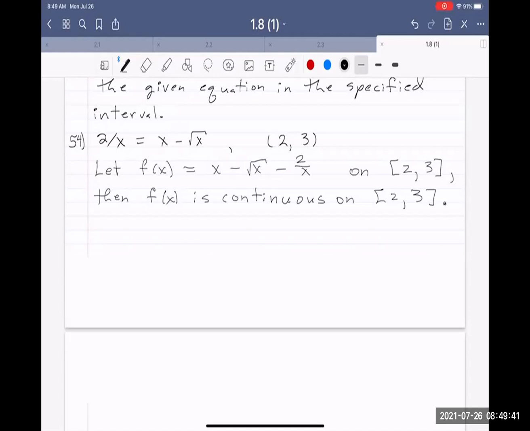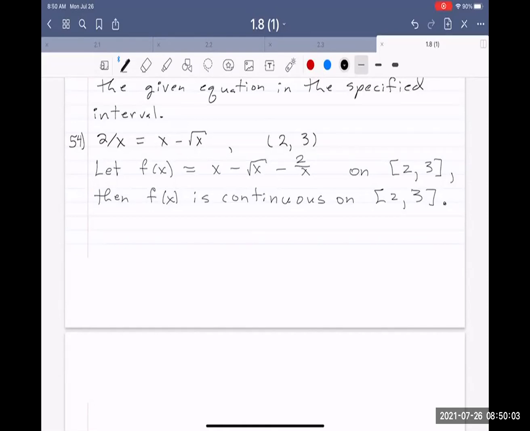Because, well, f is continuous everywhere except when x is 0 or when x is less than 0. And x is greater than 0 in the closed interval from 2 to 3. Therefore, f is continuous everywhere in that closed interval.